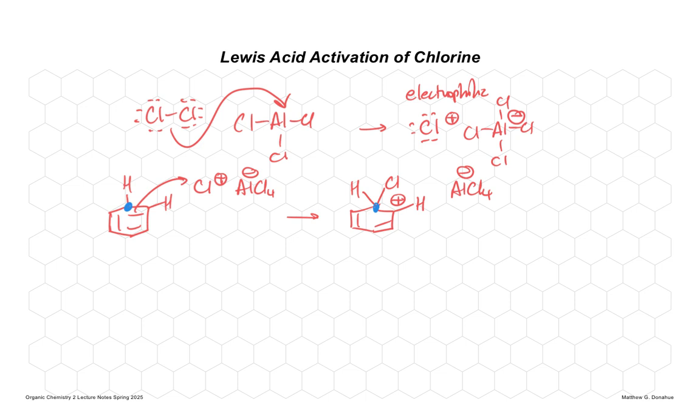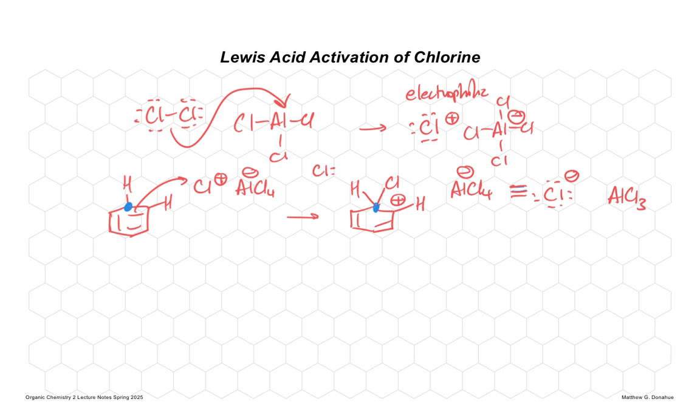I can think of that AlCl4 minus as just being Cl minus plus aluminum trichloride. And that's going to give me the base that can abstract that proton.